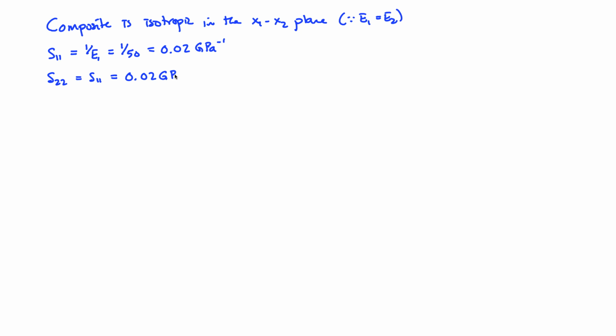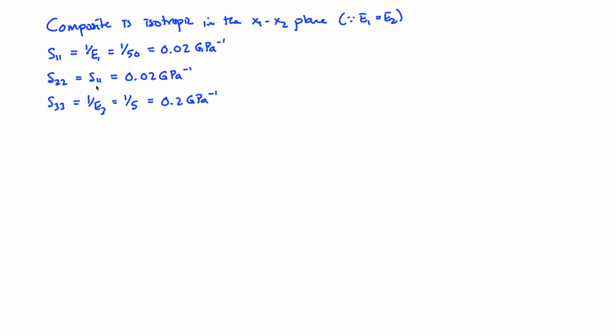So S22 is also equal to 0.02 gigapascals to the minus 1. S33 is 1 over E3, and E3 has a value of 5 gigapascals, so that's 0.2 gigapascals to the minus 1. So that's the three values of S that correspond to the Young's modulus.